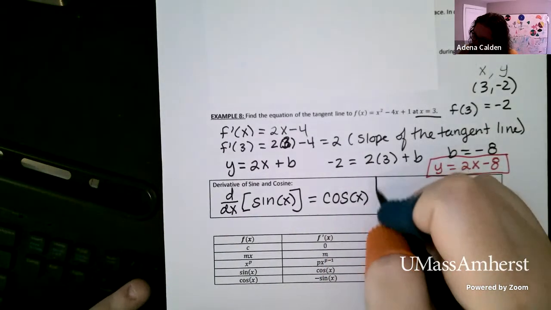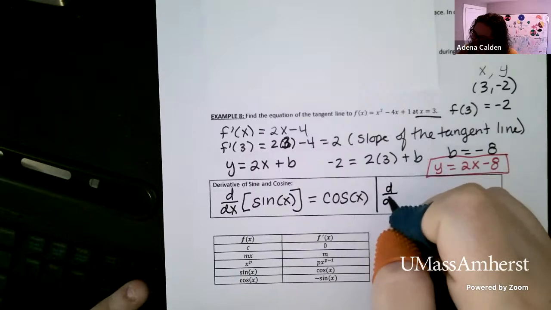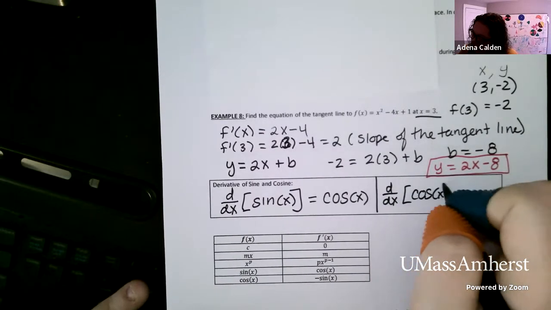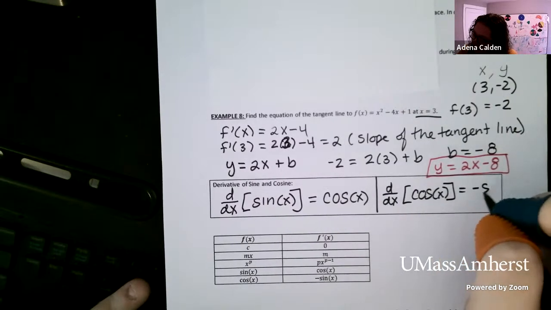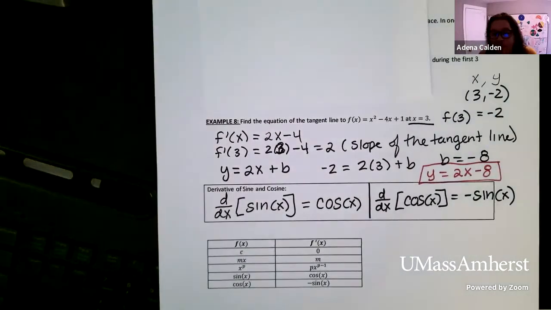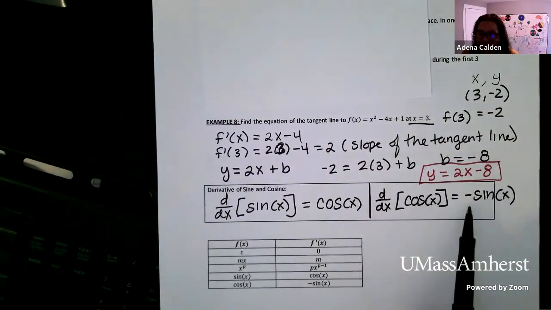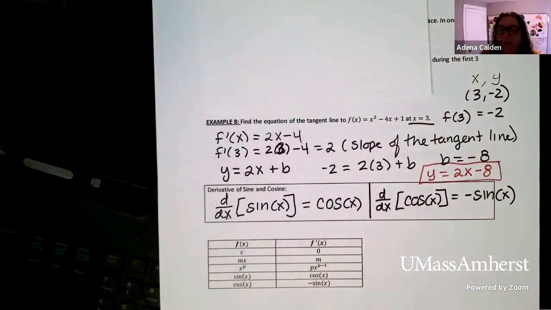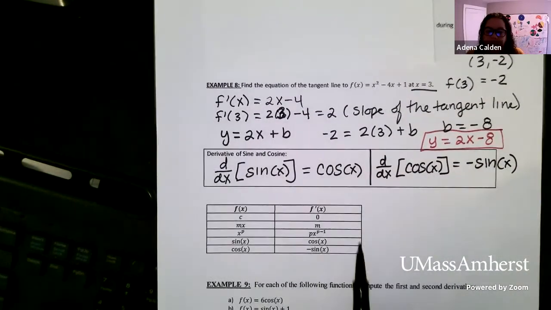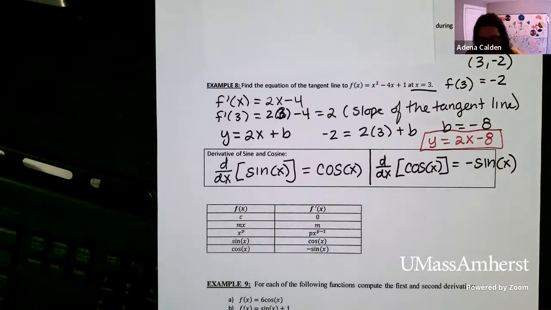That's pretty convenient. And the derivative of cosine is going to be negative sine. Okay, so we have to be a little bit careful in remembering where that negative is. But other than that, it just becomes a new rule that we can apply when we're taking derivatives.